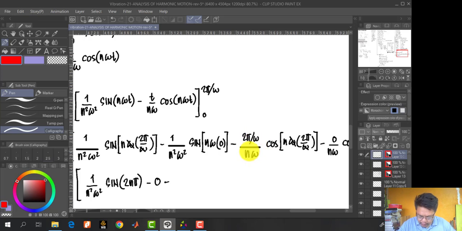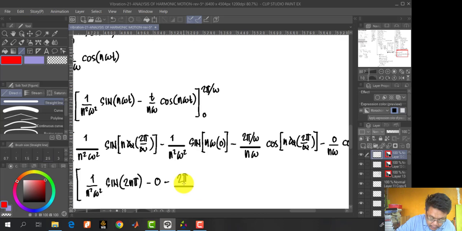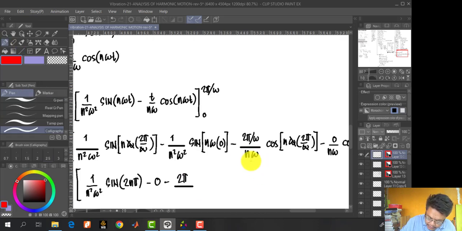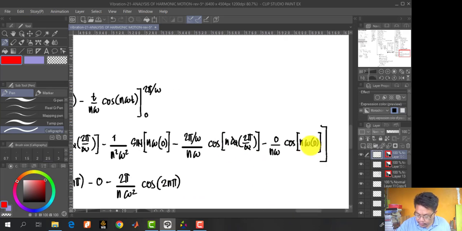This will be 2 pi, and this will be 2 pi, all over n squared. Sorry, not n squared, just n, angular squared, sorry. It's angular squared. And multiply by the cosine. So this will become 2n pi. So that was also cancelled. And this one, 0 out.